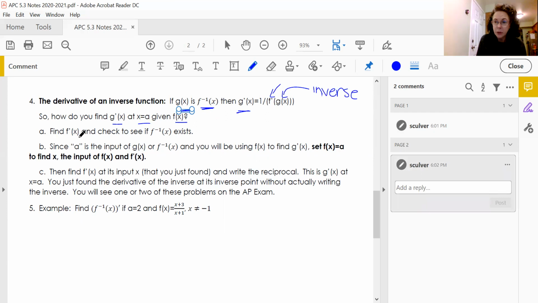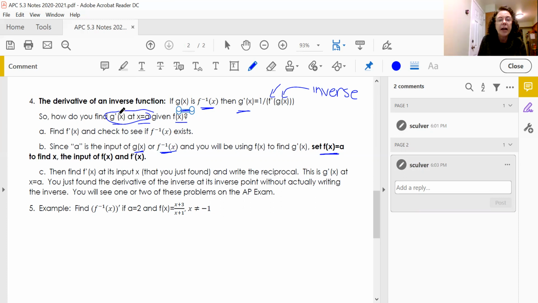A, find the derivative and see if the inverse exists, right? We have to do that first. Since a is the input of the inverse, or again, they're calling g of x the inverse, then you will be using f of x to find the derivative of g. You have to set the function equal to a. Again, let's go back.